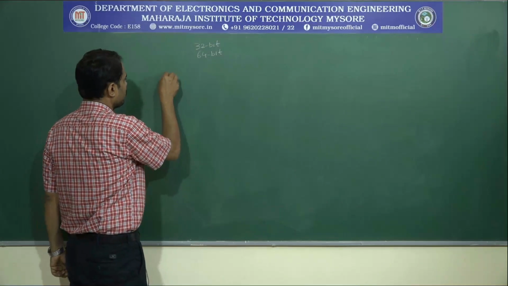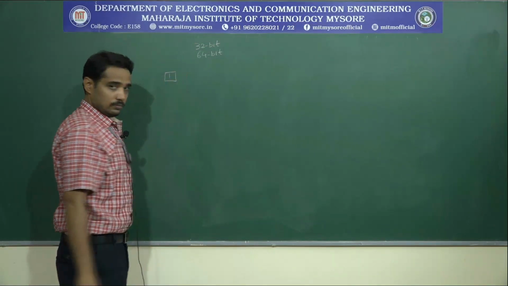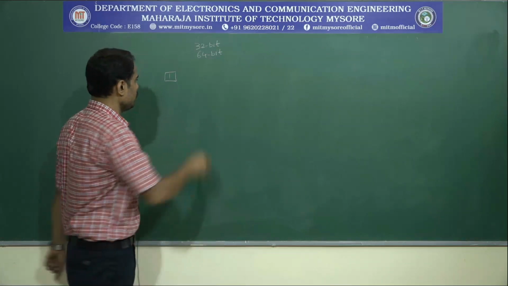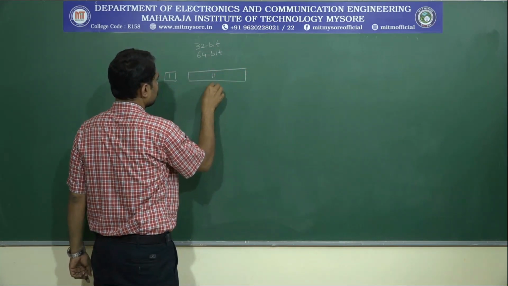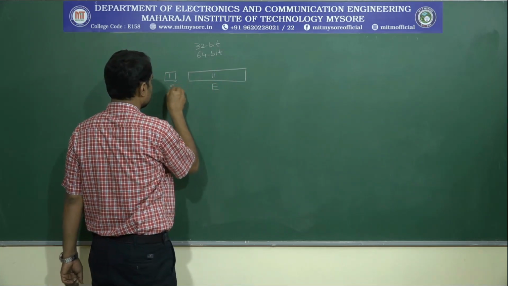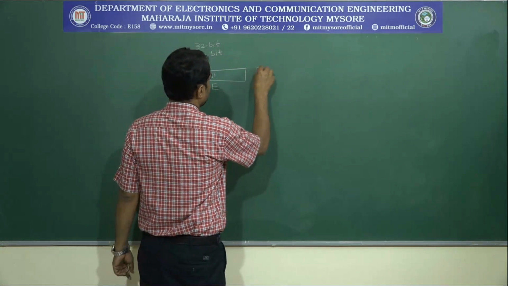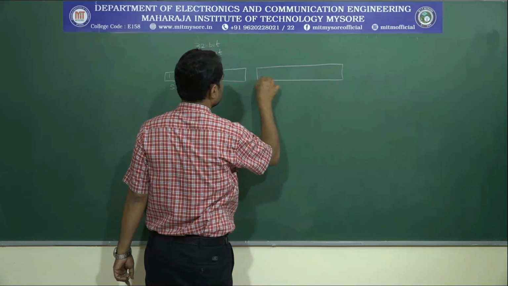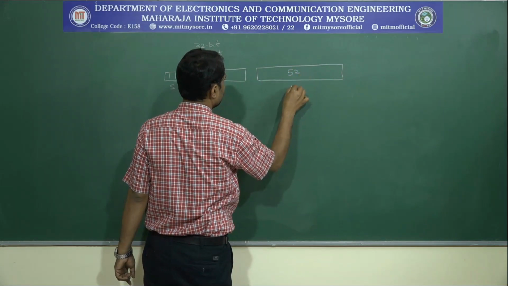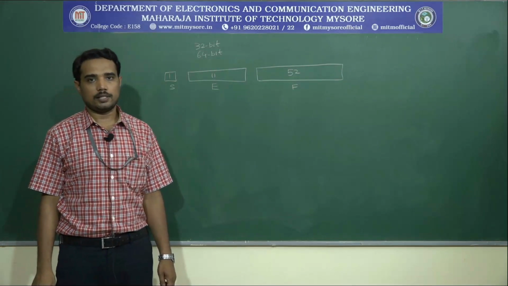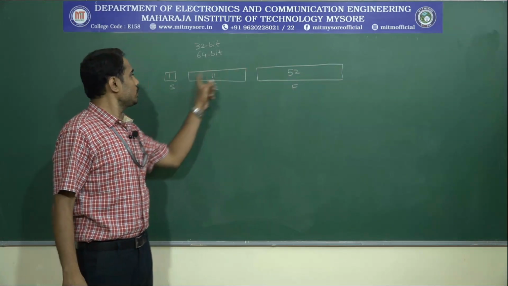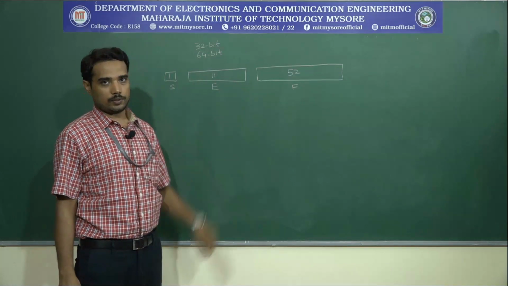Then we can write 1 bit reserved for sign, then 11 bits for exponent, and the rest of the bits, 52, for magnitude, the fractional part of the mantissa. This 52 plus 12 gives 64.